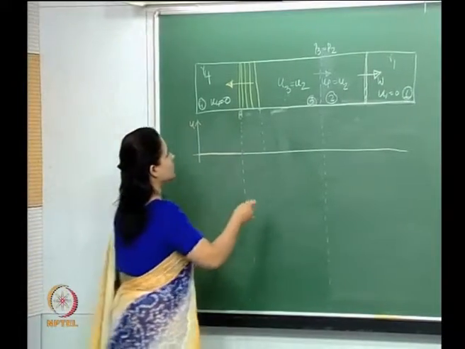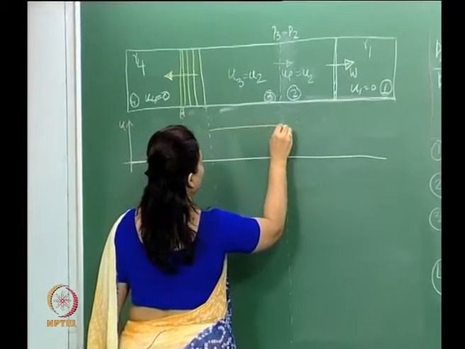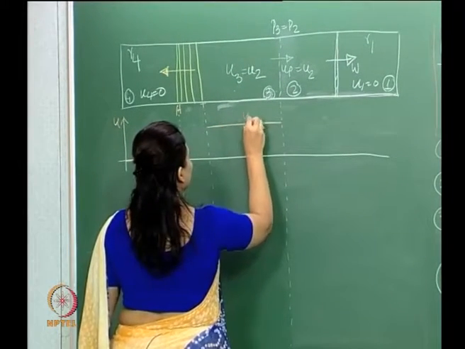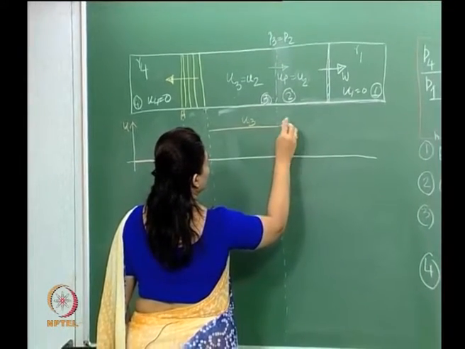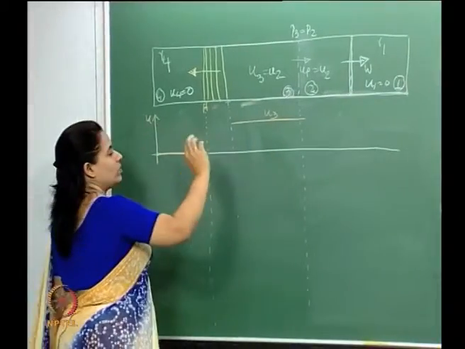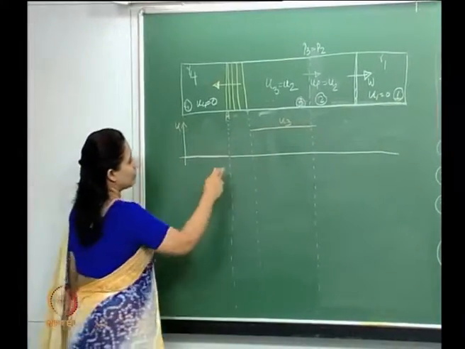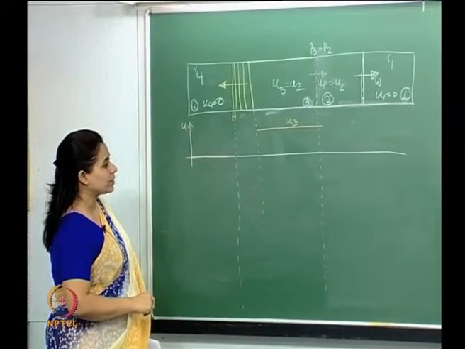It is some positive velocity. So, this is essentially u3, and at this point it is equal to u2 over here. We are not going beyond that. So, this is u2 essentially.